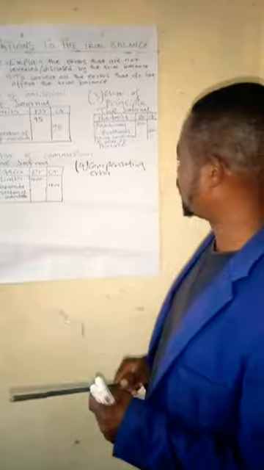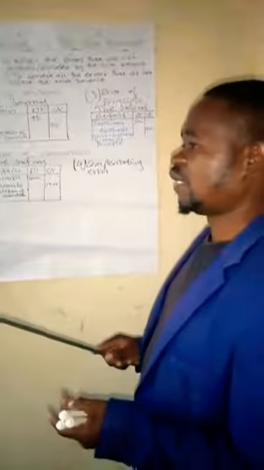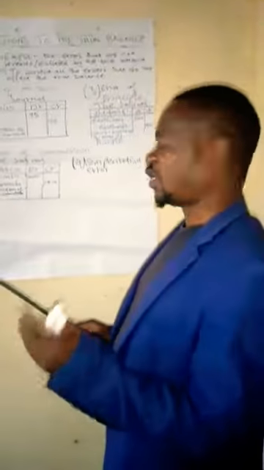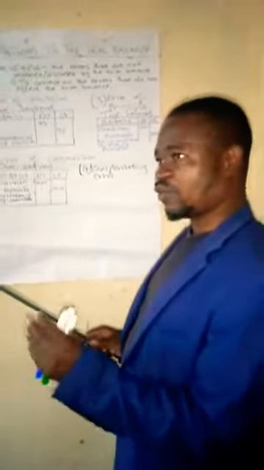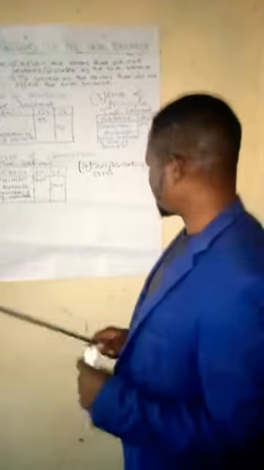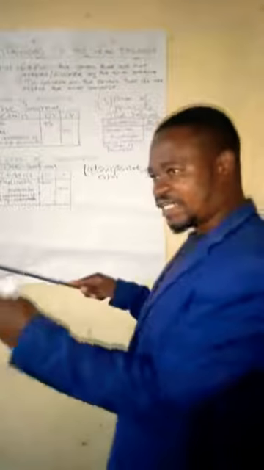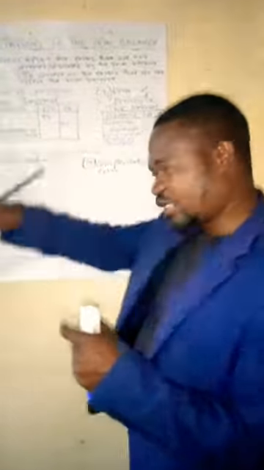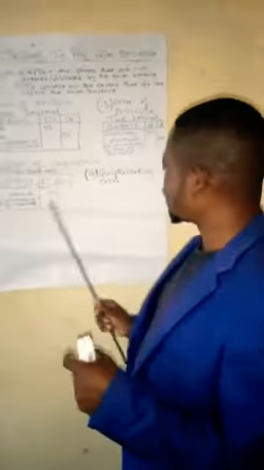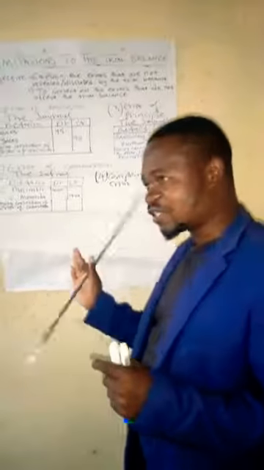If this account has a debit balance, then you happen to record an amount which is more on the debit side. Then another account which has a credit balance, using the same amount that you recorded in the other account which had the debit balance, you also record on the credit side. You increase by the similar amount.